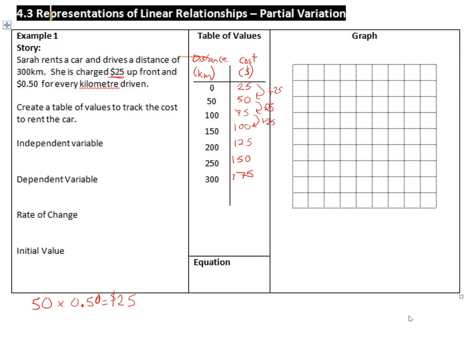So in this case, the independent variable on the left is our distance traveled. The dependent variable is the cost.